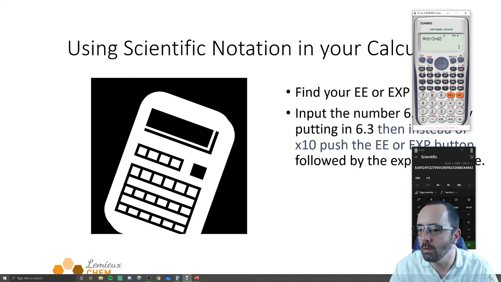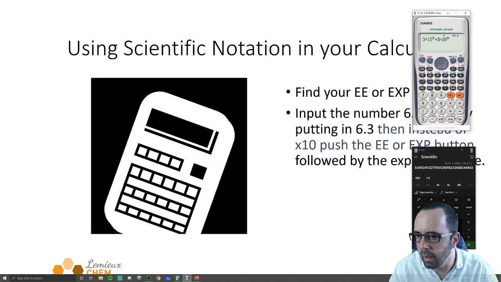Notice if I don't use my EE or EXP, what happens? I do 3 times 10. Some people want to do this sometimes. To the, and then they'll go to the power of 3, and then they'll say divide by 3 times the 10, and then they say the power of 3.